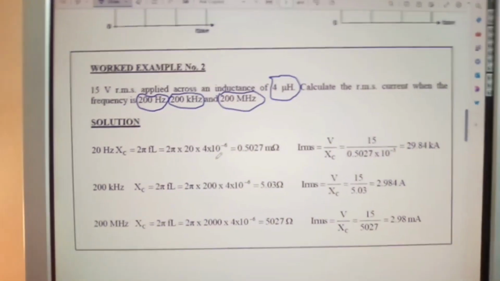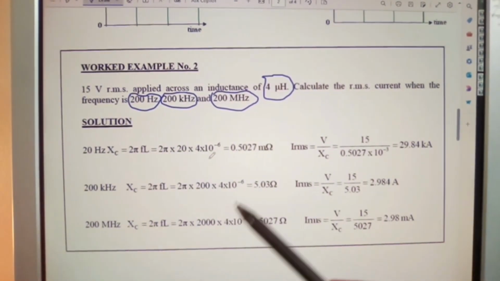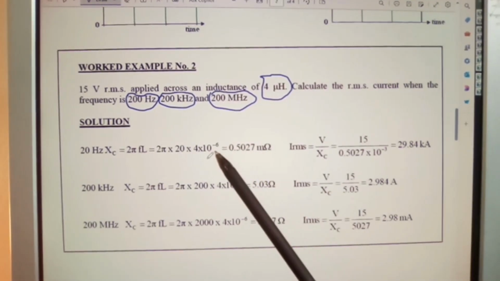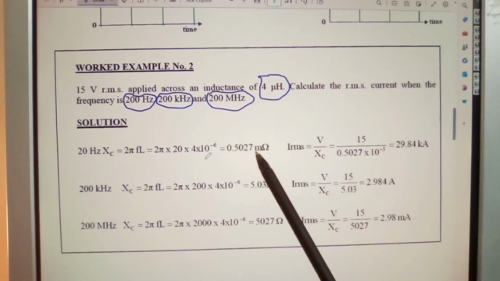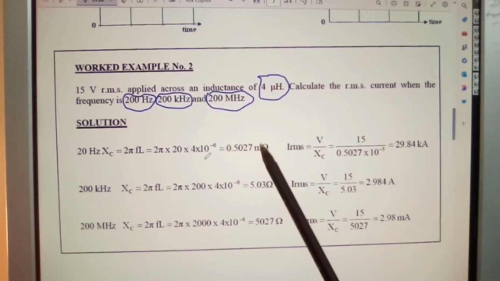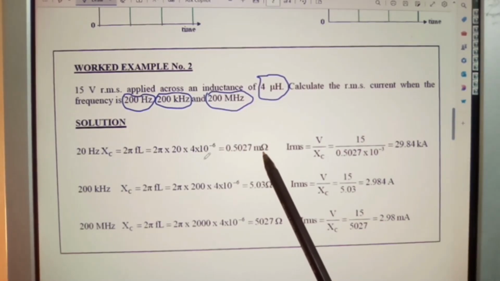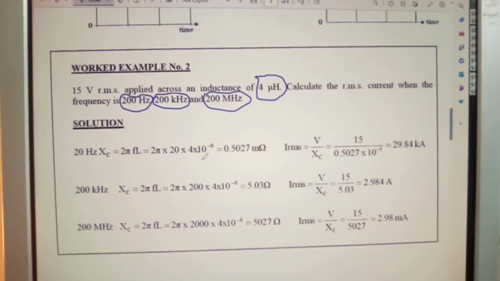Okay, now you can see here 0.5027 milliohms, sorry, well, I wouldn't say that was milli. 0.5027 megohms.